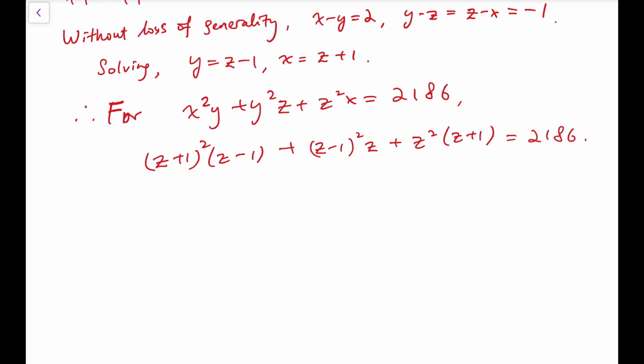Let's try if we can solve it. For the first expression, I will multiply z plus 1 and z minus 1 first, because for these two expressions the product is a difference of squares. And then for the other two, we can simply expand.